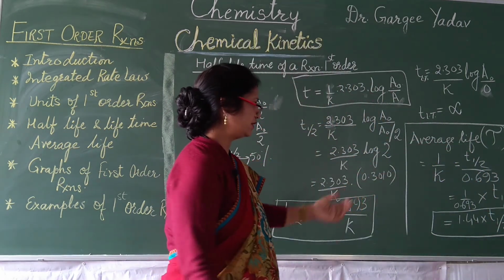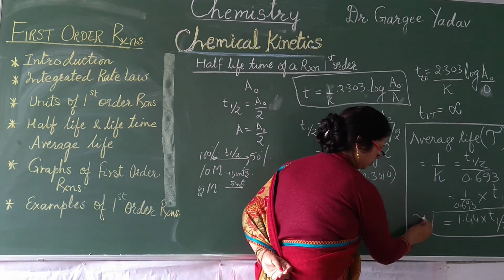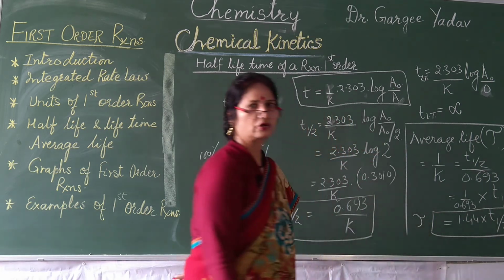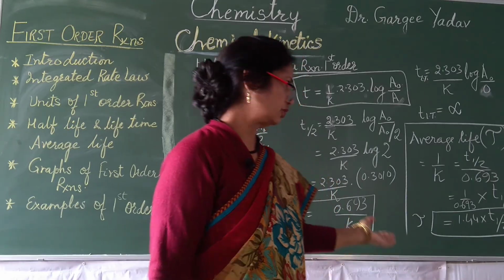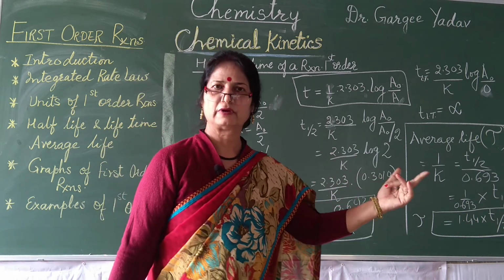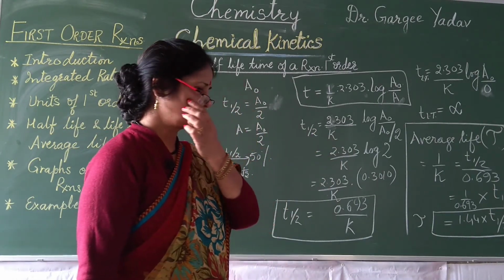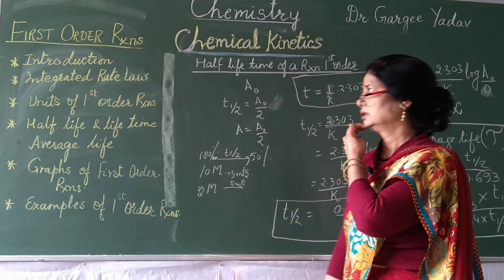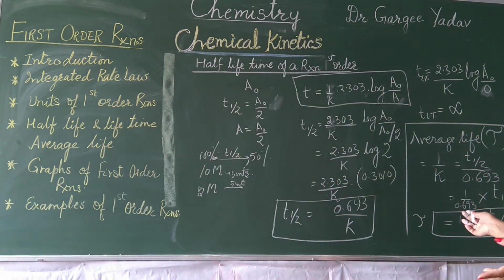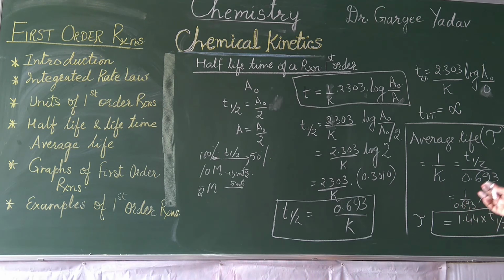So, average life denoted by tau of a first order reaction is the product of half life and 1.44 constant. Okay, so this was all about the half life and the lifetime and the average life.